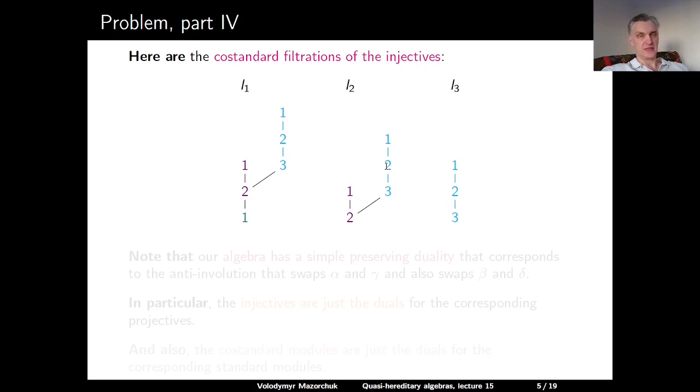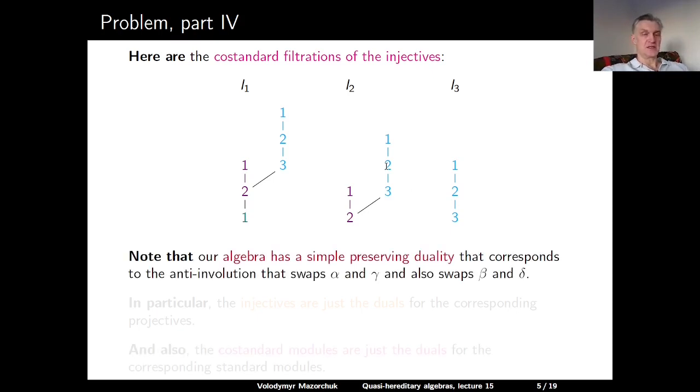So we have a second verification that this algebra is a quasi-hereditary algebra. Note that the algebra A has a simple preserving duality, which corresponds to the anti-involution that swaps alpha with gamma and also swaps beta with delta.